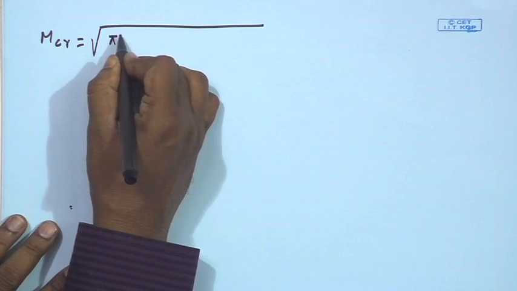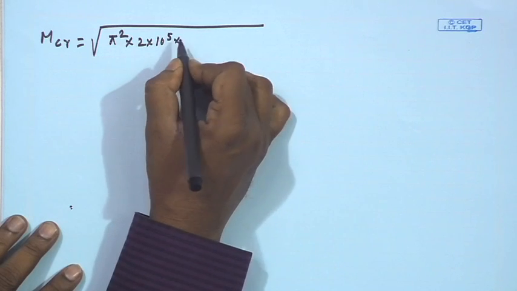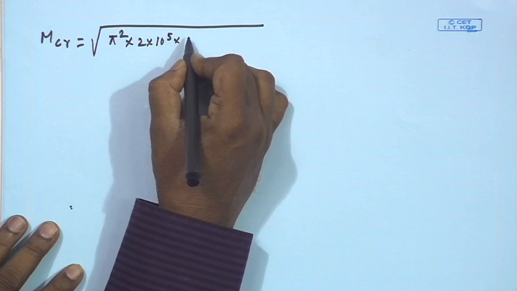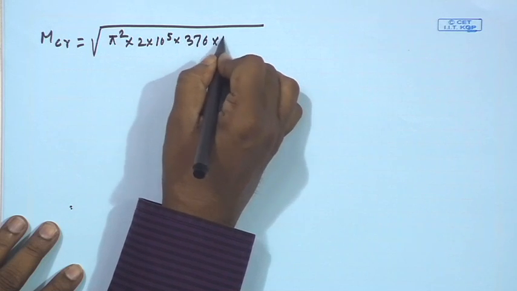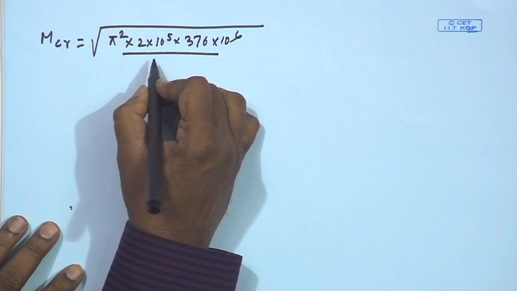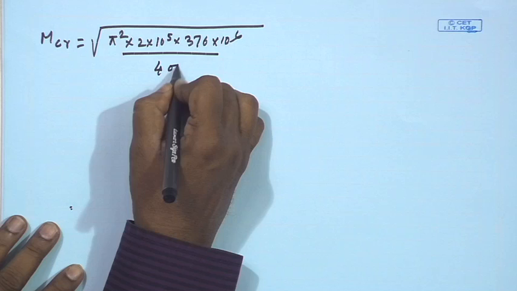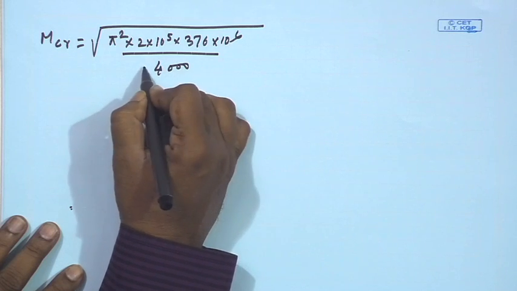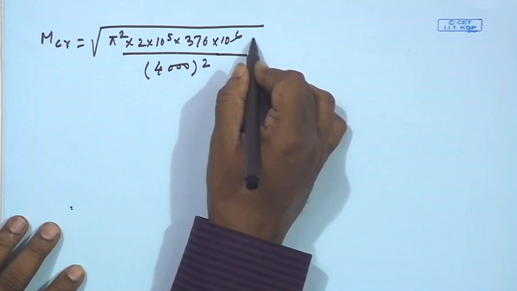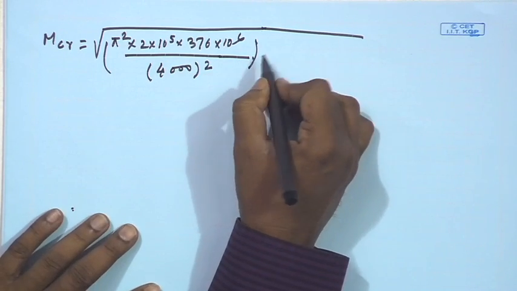So, pi square into E into IY, that is 376 into 10 to the 4, by LLT square, the length due to lateral torsional buckling, that was 4000, right, 4000 square, into G into IT.